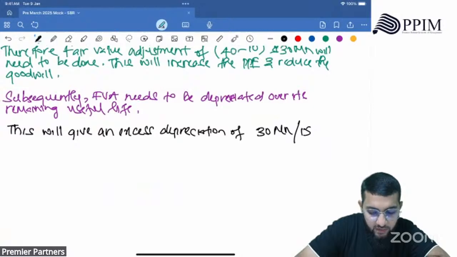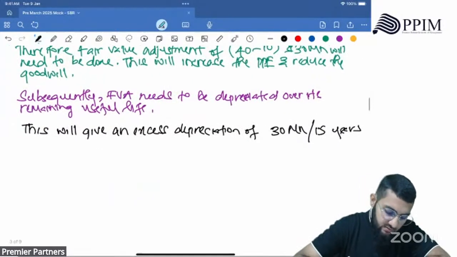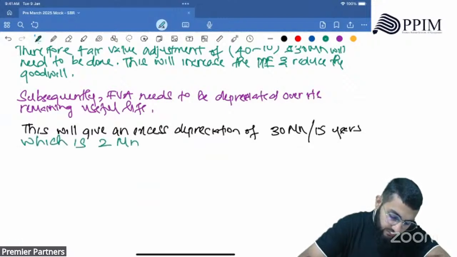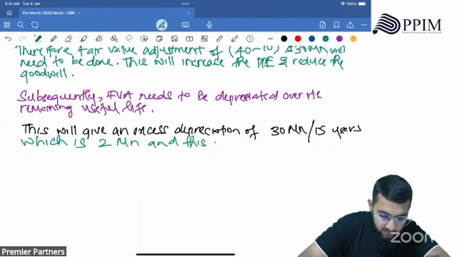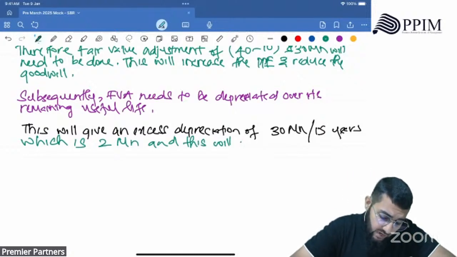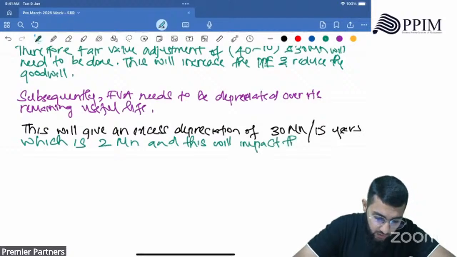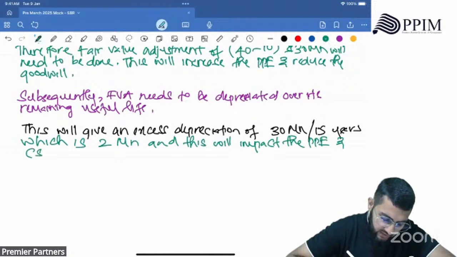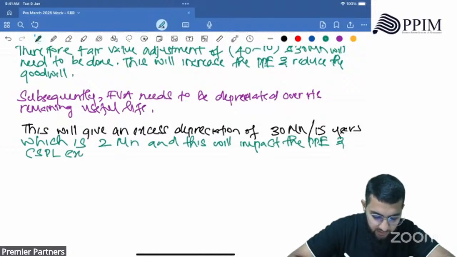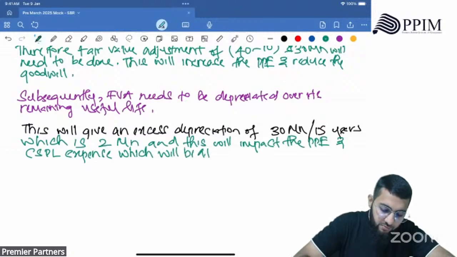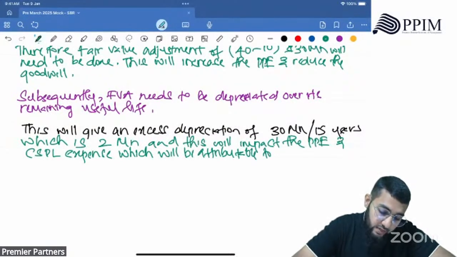30 million over 15 years is 2 million. And this will impact the PPE and the consolidated statement of profit or loss expense, which will be attributable to parent and NCI.